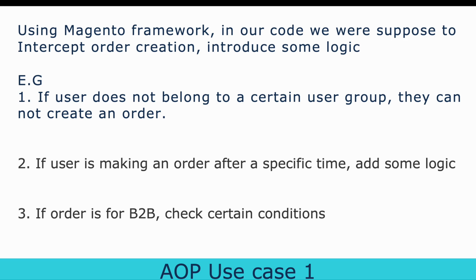So in this use case, one of the rules was that if the user does not belong to a certain user group, they cannot create an order. Or if the user is making an order after a specific time, add some logic. Or if the order is being done by a B2B, that means a business to business transaction. Let's say in our e-commerce website, a business has registered.